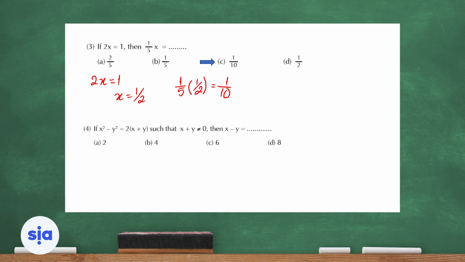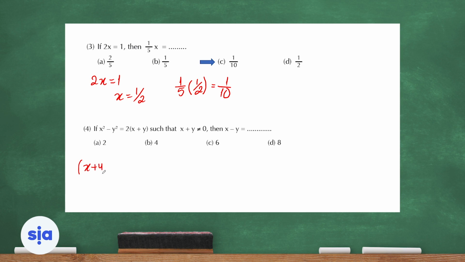Question 4. It's given that x squared minus y squared equals 2 open bracket x plus y, such that x plus y is not equal to 0. The question here wants you to find the value of x minus y. As you can see here, x squared minus y squared can be factored as difference of two squares.